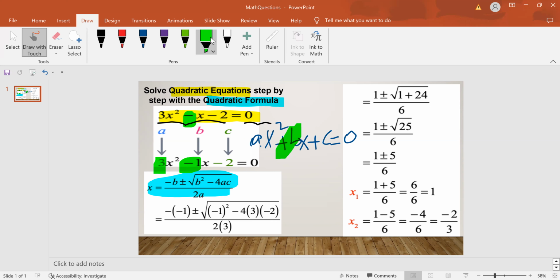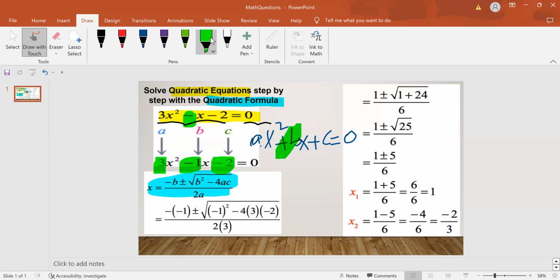In a question where they say plus x, like in the previous video, plus x means plus 1x. Here we have minus x, which means minus 1x, and b is negative 1. C is negative 2. C is the value without the variable, without the x, the constant alone.